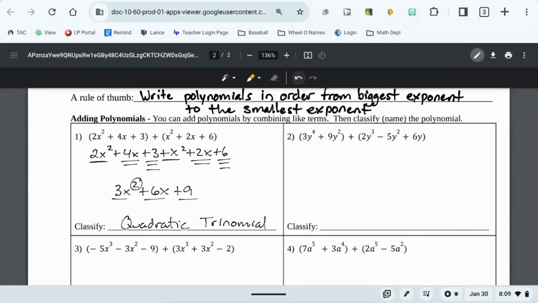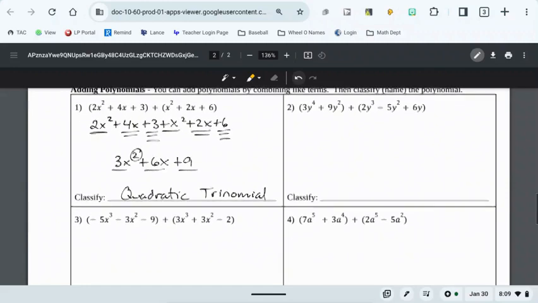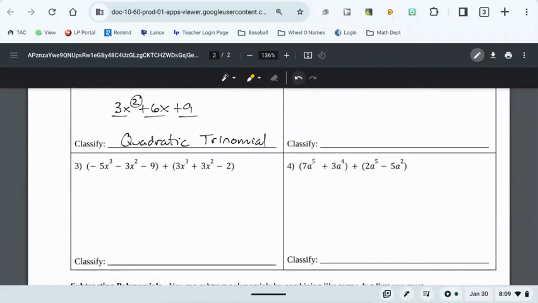All right, let's go ahead and take a look at the one below this. We're going to have you all do 2 and 4 on your own. So let's look at number 3. Again, we are adding, so we can just drop the parentheses and add. So like terms, negative 5x to the third plus 3x to the third gives us negative 2x to the third.